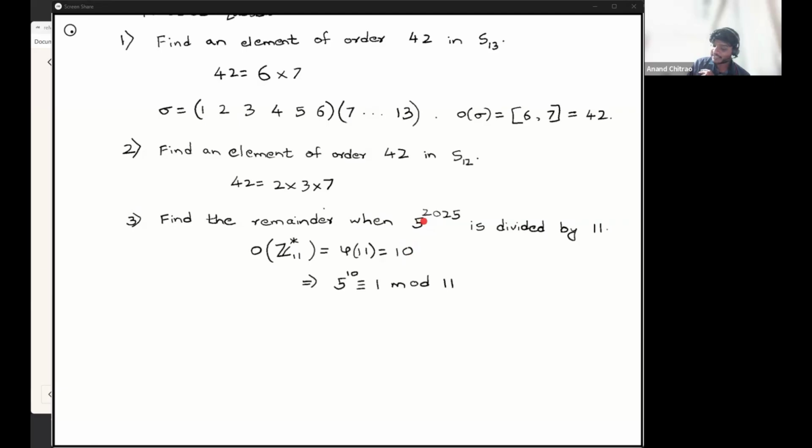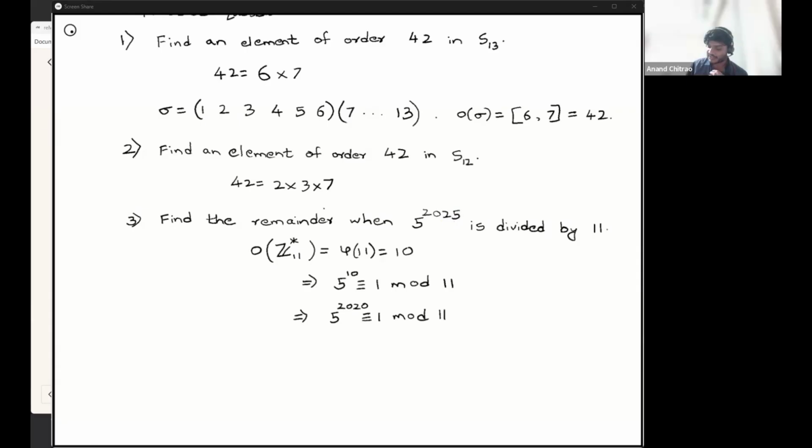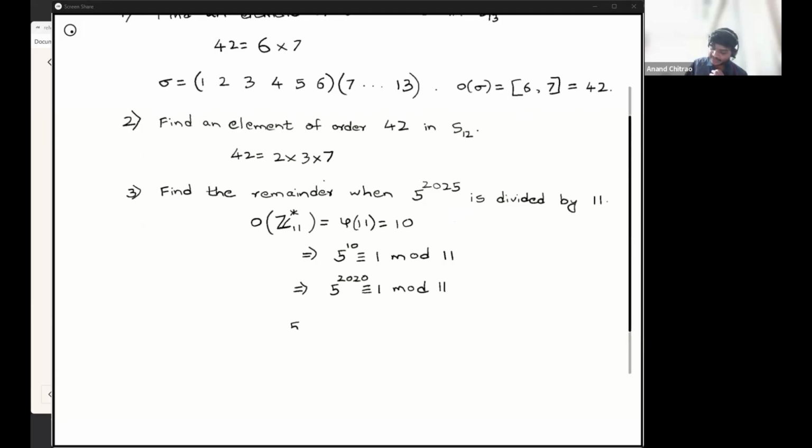So you separate out the largest multiple of 10 from this power and look at what's left. So you know that 5 power 2020 is congruent to 1 mod 11. So you just need to compute 5 power 5. Let's see.